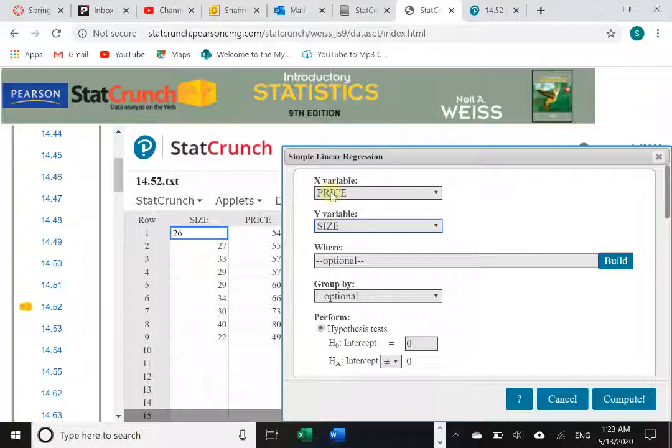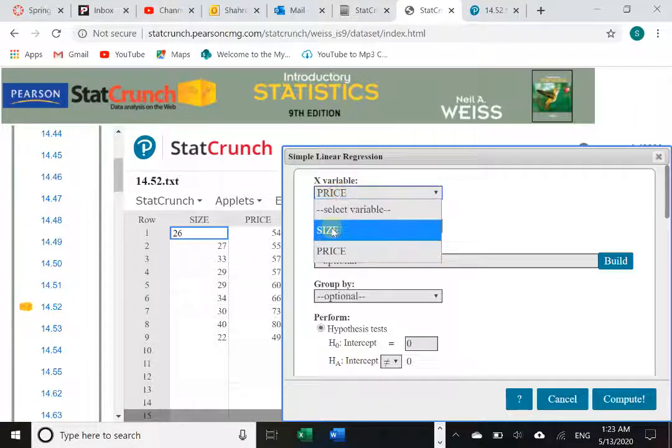If I told you a house is selling for $450,000, it wouldn't make sense to determine the size of that house from its price, because the price depends on location, of course. So anyway, it wouldn't make sense to do that.